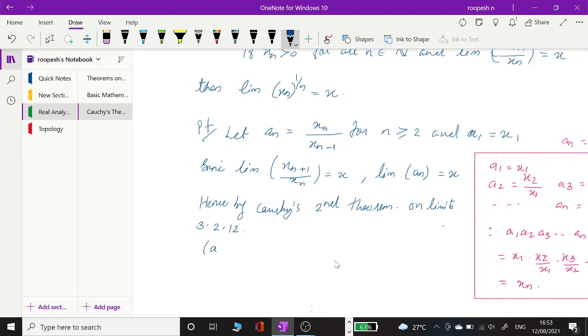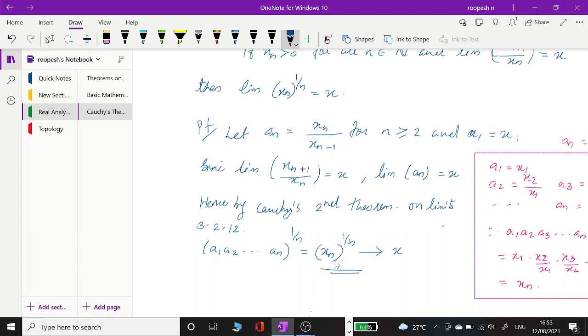What do you get? A1 into A2 into up to an, whole thing raised to 1 by n, also converges to, now we have got it as xn. So I'm writing xn raised to 1 by n, which also converges to x, since your xn converges to x.